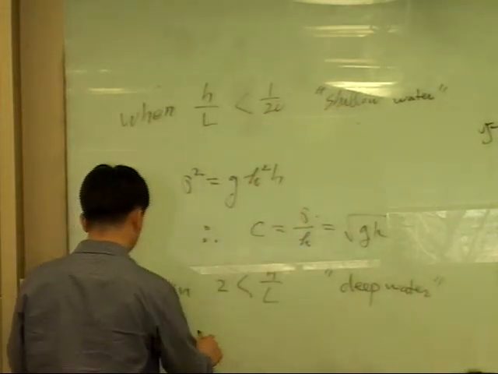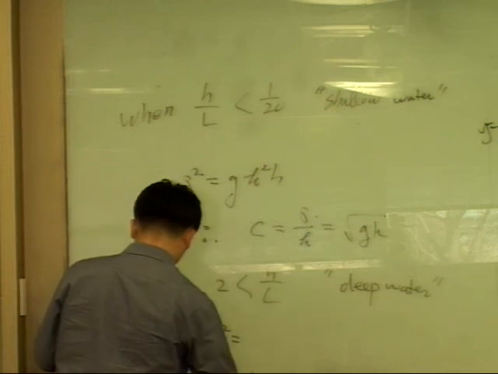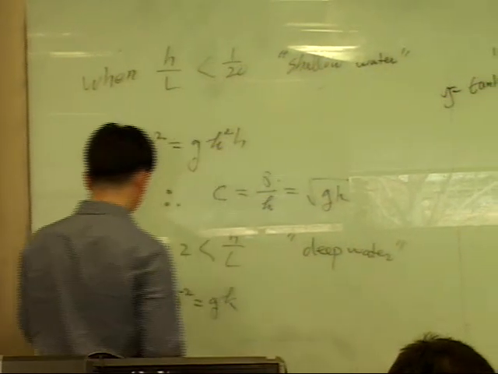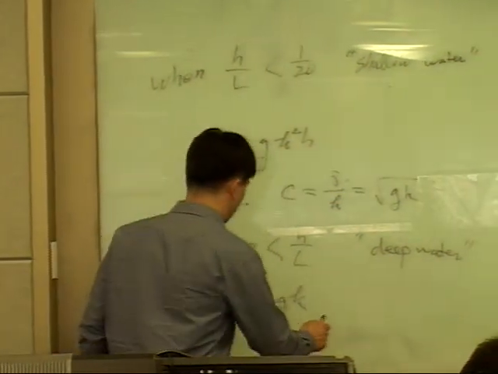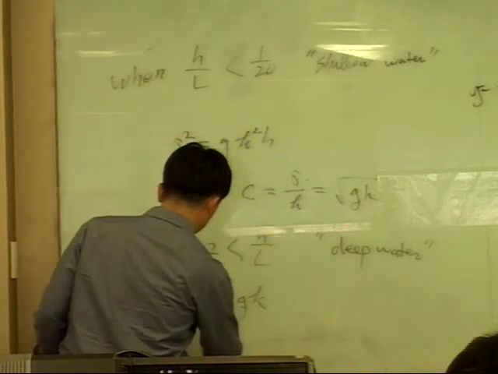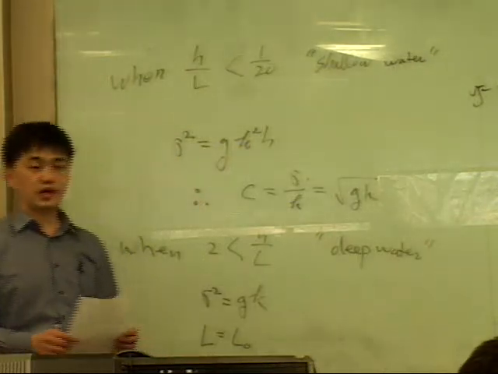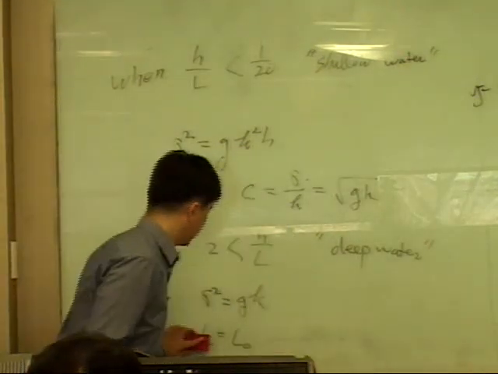In this case, sigma square is g k. For deep water, let's say L equal L0, where L0 is the wavelength in deep water.